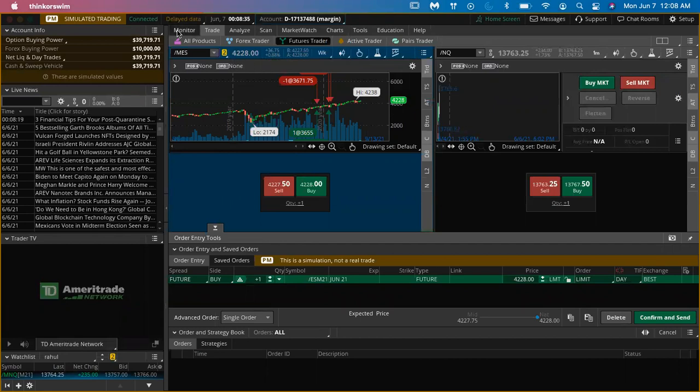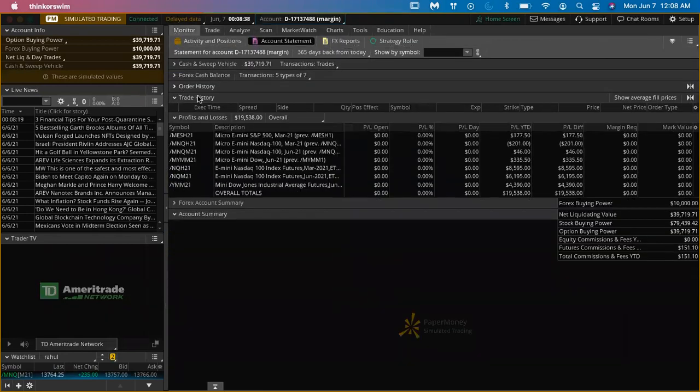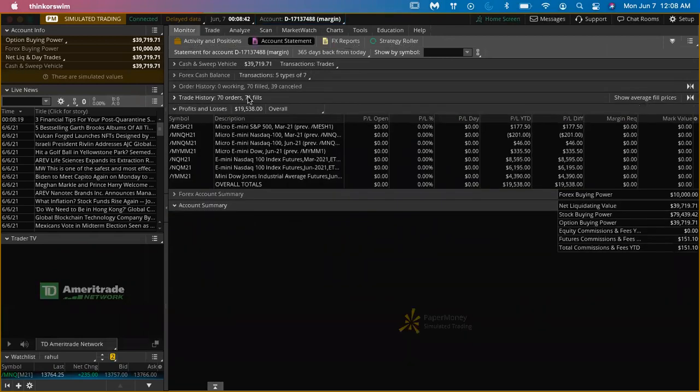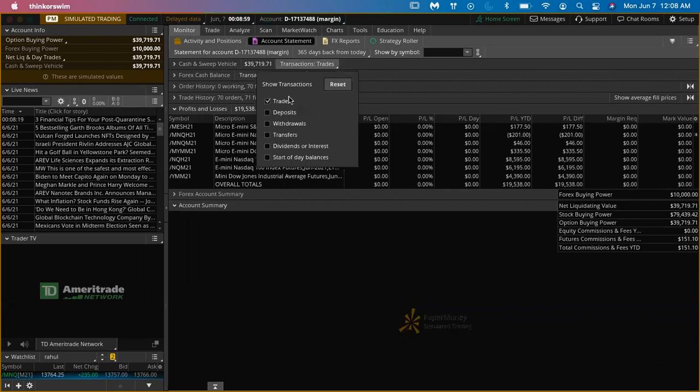Okay, so here you can see I did paper trading. On 20,000 I have gained almost 19,000. So you can see that I have almost doubled the account, right? And here I can show you the trades.